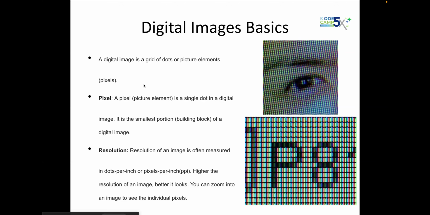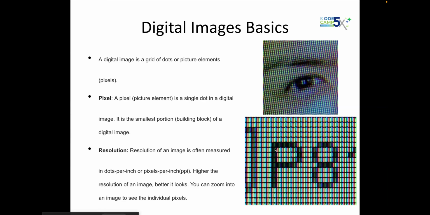So a digital image is a grid of picture elements of red, blue, and green elements, which we call pixels.